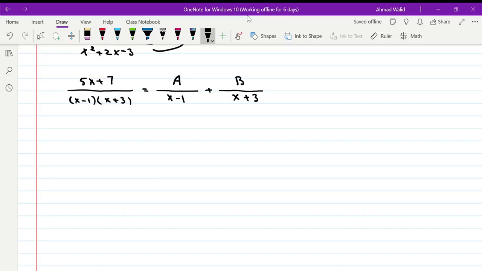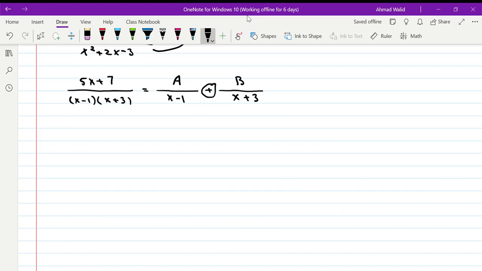I always put a plus sign in between. You may say, why not negative here? It doesn't matter. We usually use plus, but at the end, as you saw in the first example, if your B is negative, then that changes the sign to negative, correct? But when you do the job, always put the plus sign, correct?